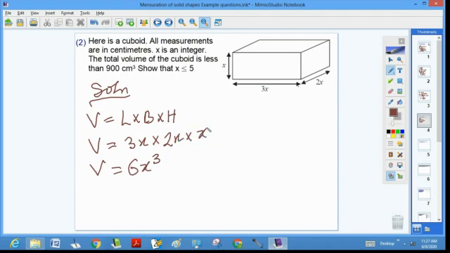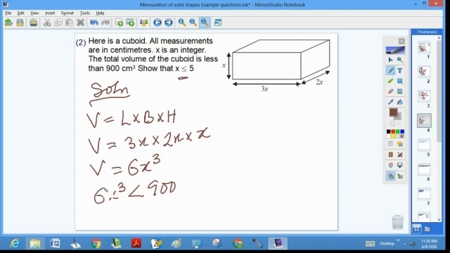But we are given from the statement that the total volume of the cuboid is less than 900. So we are going to set it in this way, that 6x cubed is less than 900. So this is what we are now going to use to determine this fact.